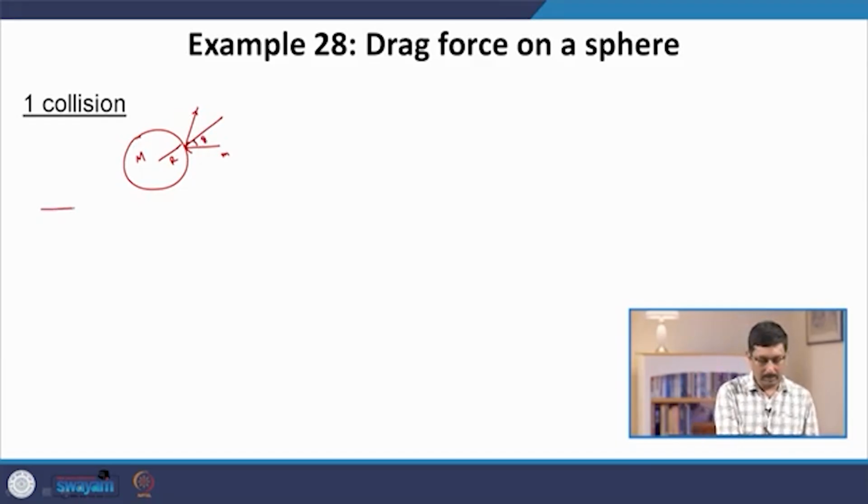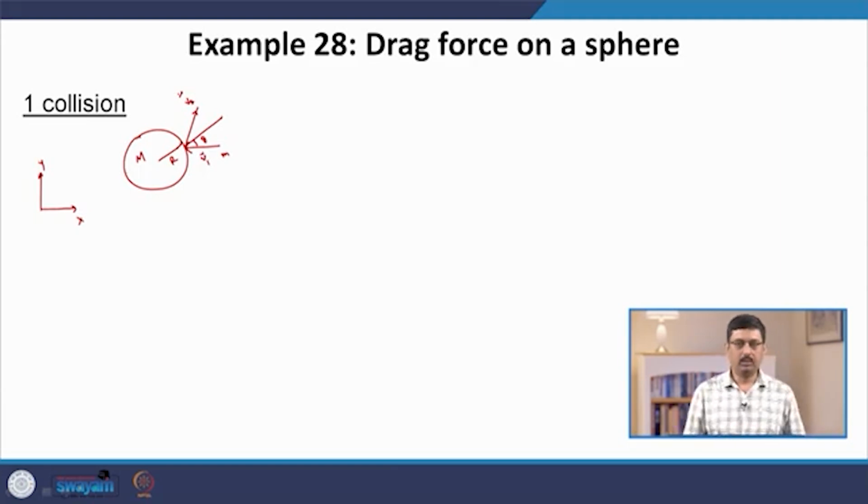For simplicity, we are going to assume this is our x direction and this is our y direction. So, this is V1, and this is V2 after collision. What happens is that this m, when it hits the sphere, transfers some of its momentum to the sphere and then it gets rebounded.